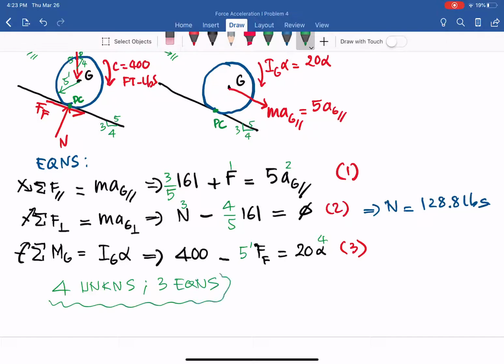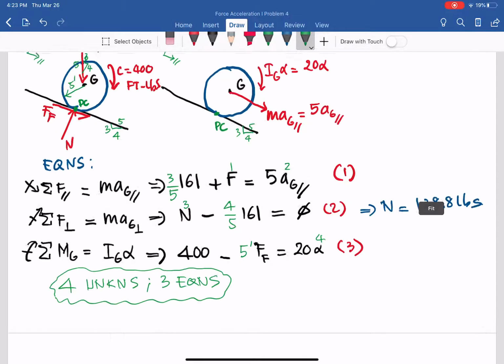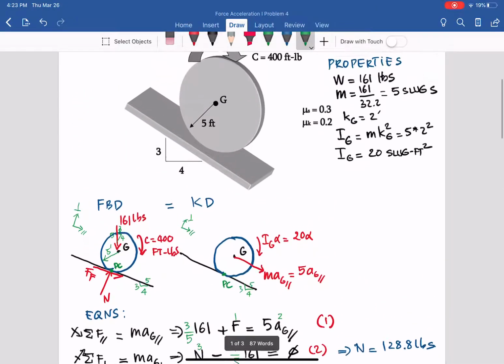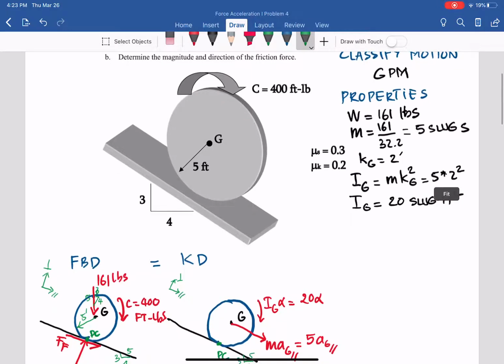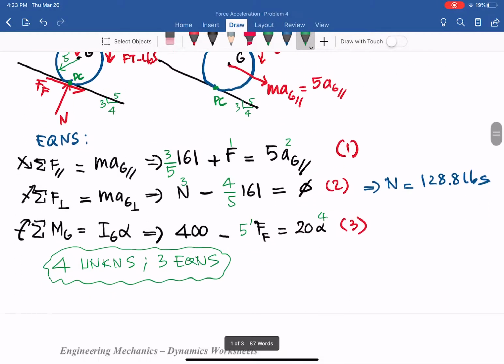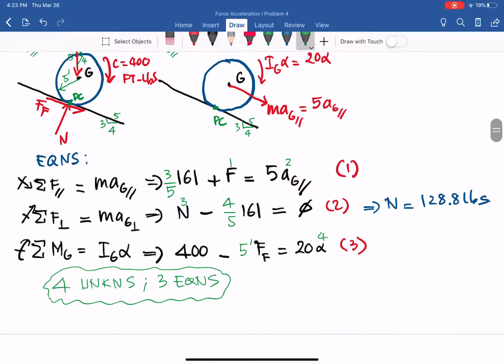So when you have that, you have to draw another free body diagram equal to kinetic diagram, but unfortunately this problem only has one rigid body, which is the drum. So what do you do? When there are not enough equations, you have to keep in mind, assume something.